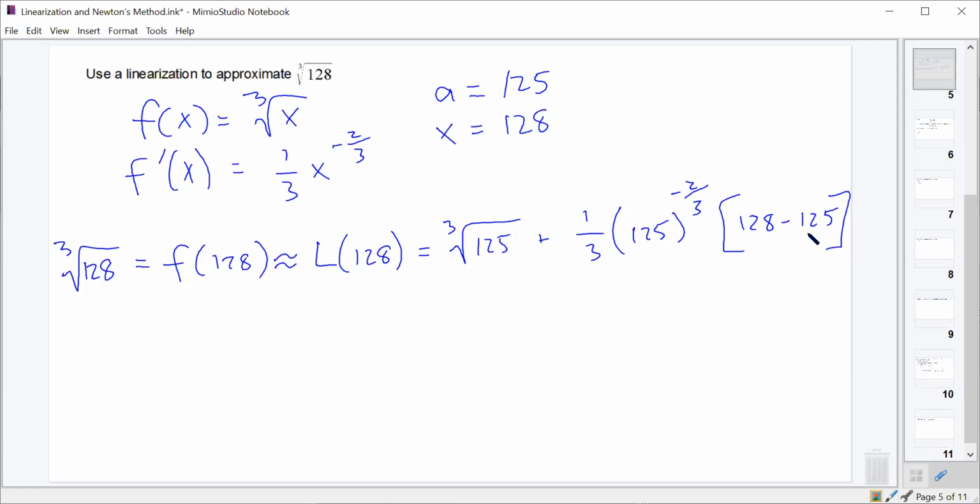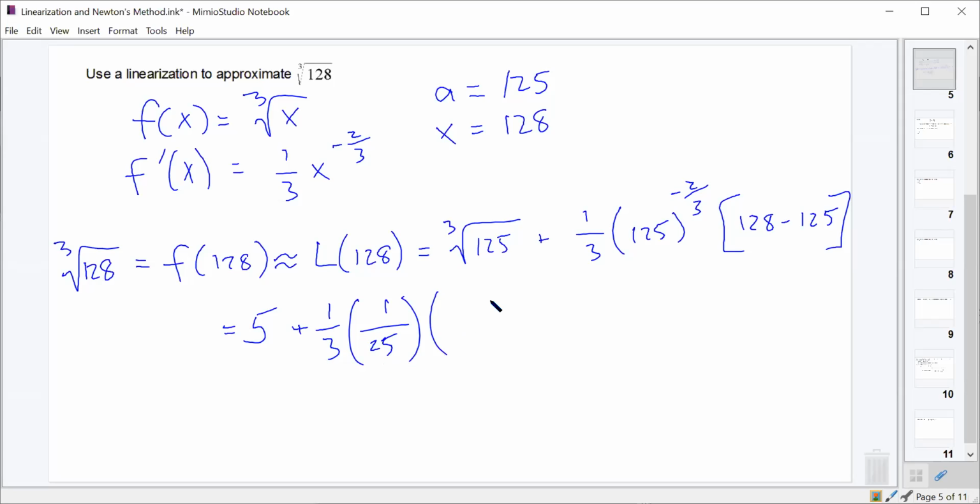Okay, so cube root of 125, like we said, is 5 plus 1/3 of this. So 125 to the negative 2/3 is 1 over 125 to the 2/3, which should be what? 1 over 25. Cube root the 125 first to get 5, then square it, so 25.